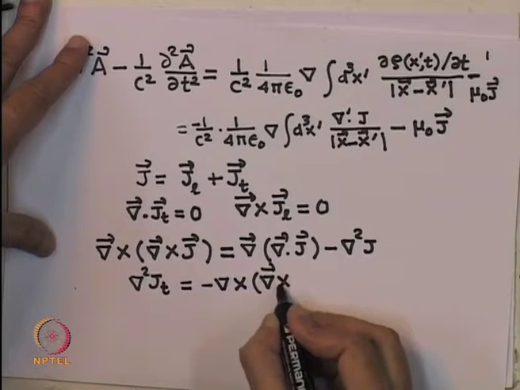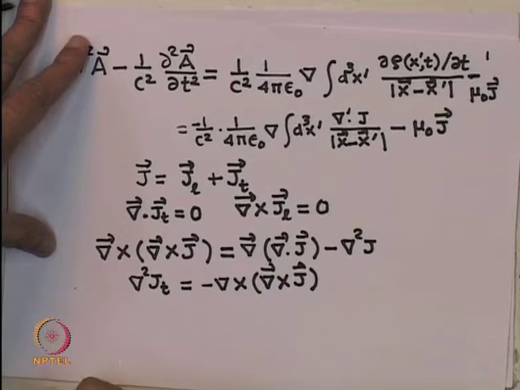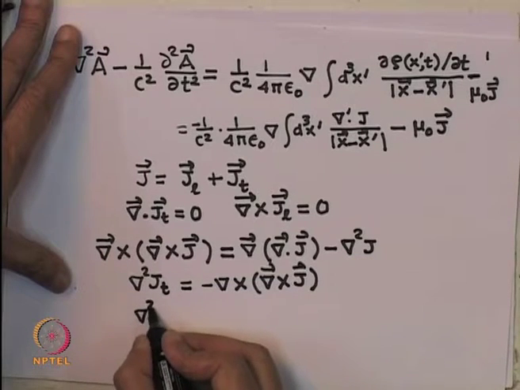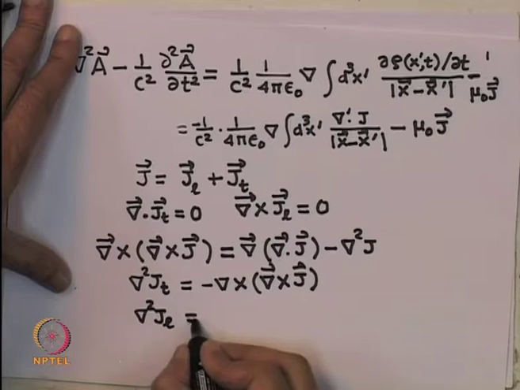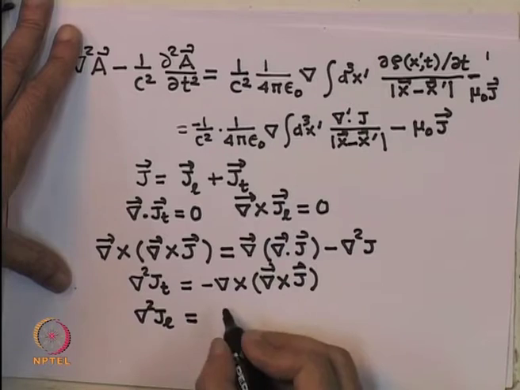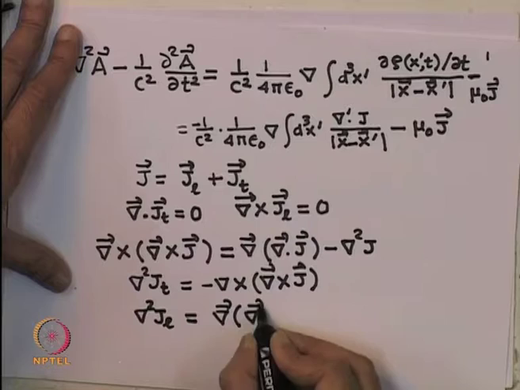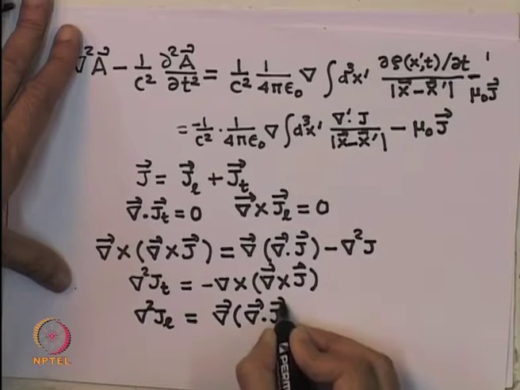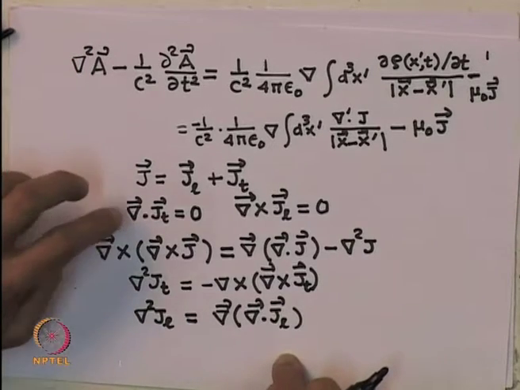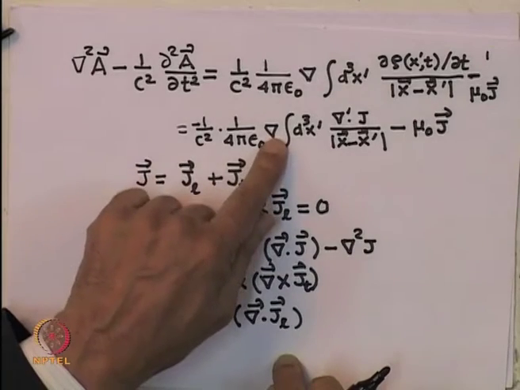I can write del cross del cross j t, but that is the same thing, because del cross of j l is equal to 0. Likewise, if I have to calculate del square of j longitudinal, then the curl part is equal to 0, and I am left with gradient of del dot of j l. You can write this also as t. So, these are the few vector relationships which I am going to be using to simplify this expression.